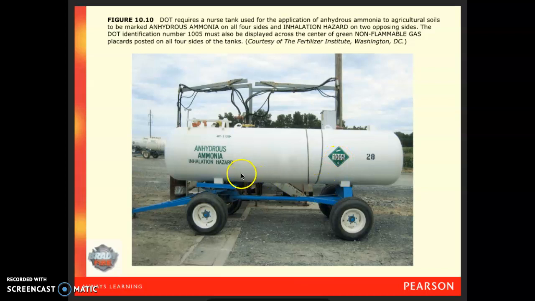But you see these kinds of placard systems and labeling systems. These kinds of tanks are very, very common, especially in rural areas, agricultural areas, and so this is where we see a lot of the ammonia that gets used on a much larger scale basis than the small amount that's dissolved into a window cleaner or something like that.